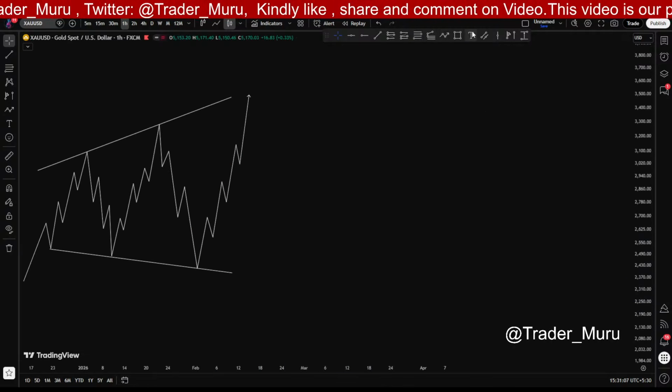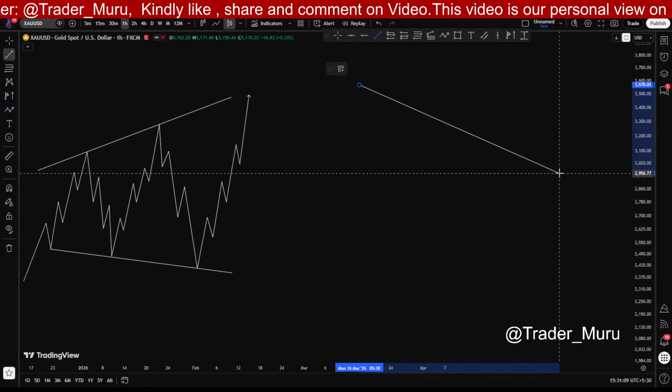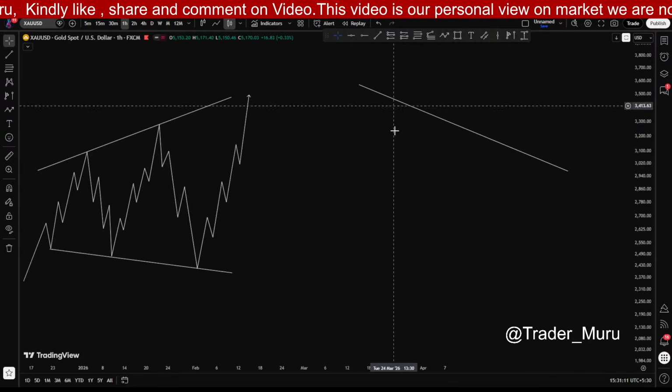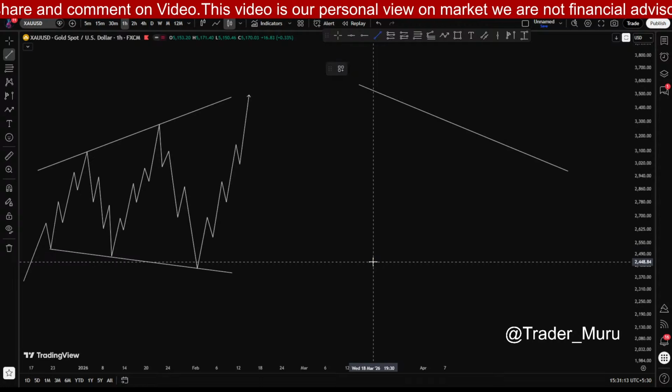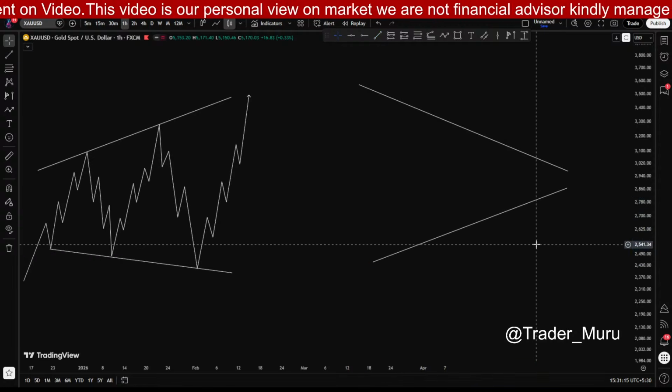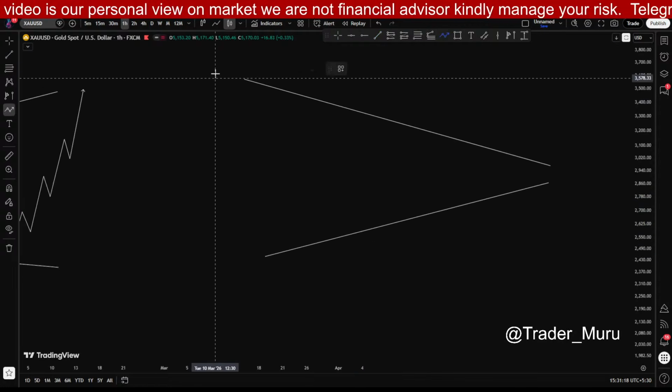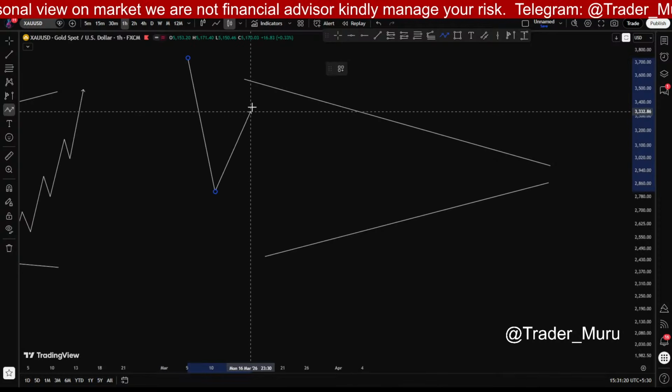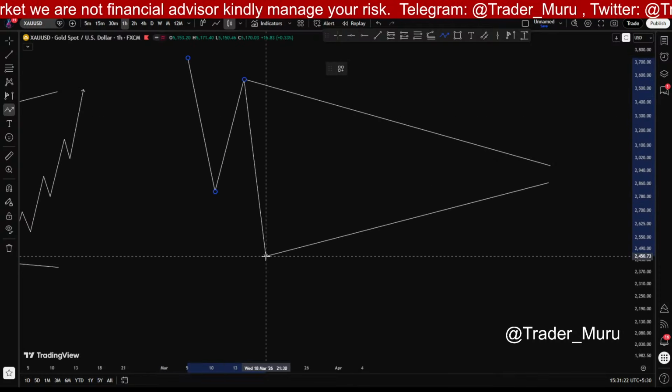Same thing in a symmetrical triangle. The market will create a low, then it will pump, then it will create a new low.